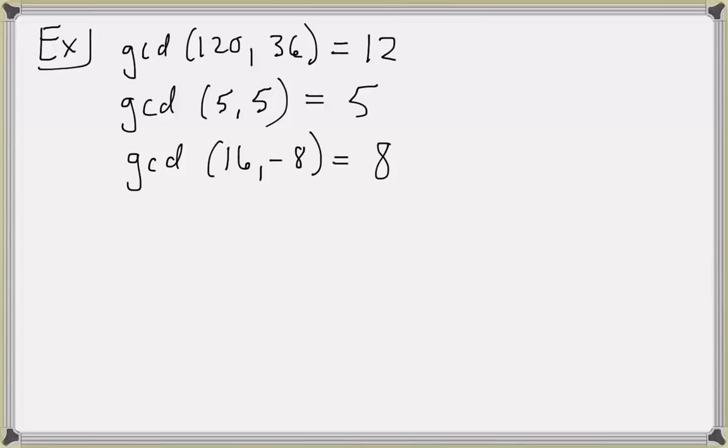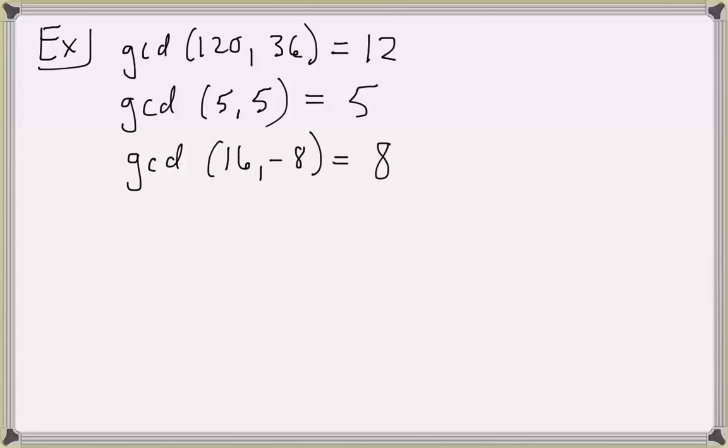Every integer has positive and negative divisors. So for example, 8 divides negative 8, but also negative 8 divides 8. So the GCD of 16 and negative 8, you could really think of as the same as the GCD of 16 and 8. Every divisor of negative 8 will also be a divisor of 8.